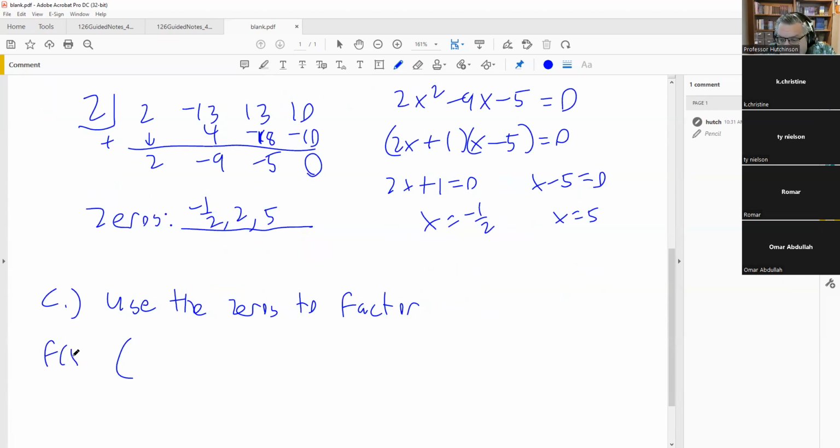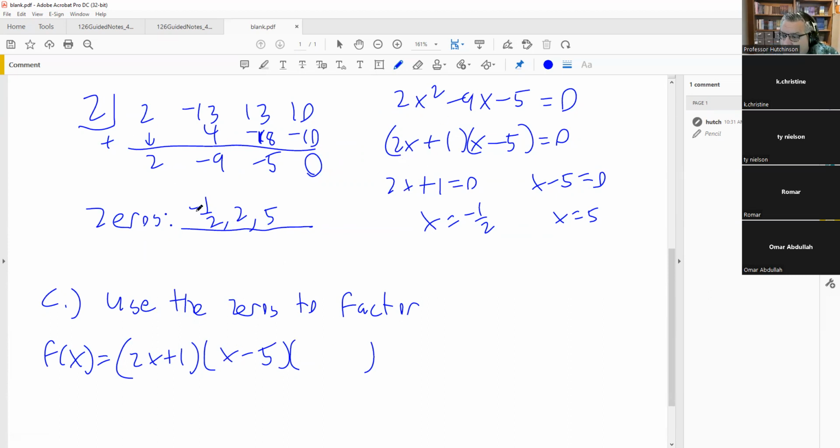Come on, pen keeps glitching out here. f of x is, let me put this down here. I have the first two pieces, 2x plus 1 and x minus 5. That is the factor piece that I have in part D.